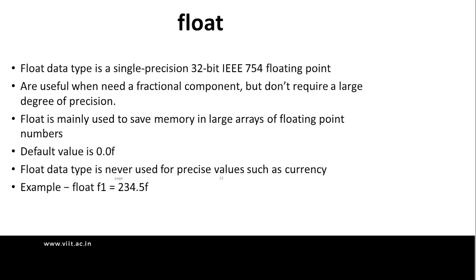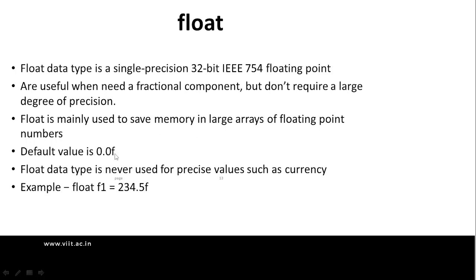So the float data type is a single precision 32-bit IEEE 754 floating point. It is useful when you need a fractional component but don't require a large degree of precision. Float is mainly used to save memory in large arrays of floating point numbers, and the default value is 0.0f.